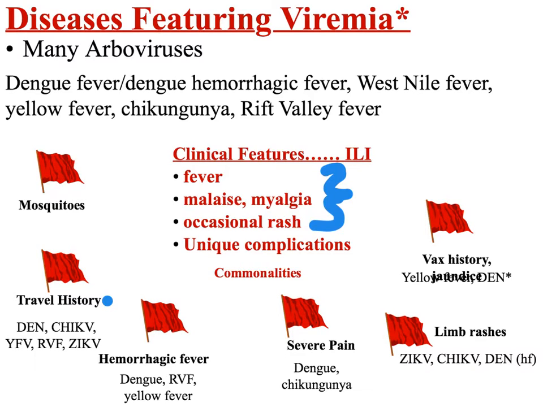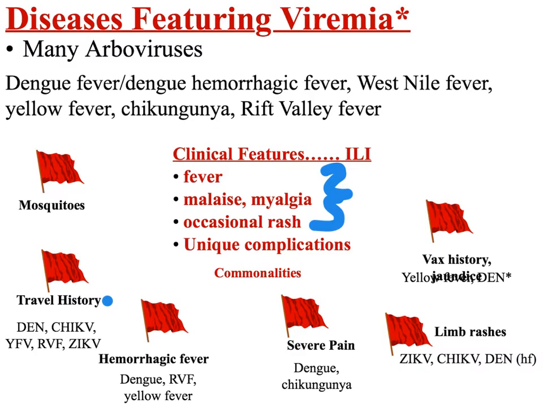For dengue, it's anywhere across the world in the tropics. For chikungunya, same goes. For Rift Valley fever, it would be on the African continent, or to a lesser extent, the Arabian Peninsula. For Zika, that would be Southeast Asia, or Central to South America, or the Caribbean. And yellow fever, Central to South America, and now North Africa as well. They are currently having a raging yellow fever outbreak, if anyone's interested.